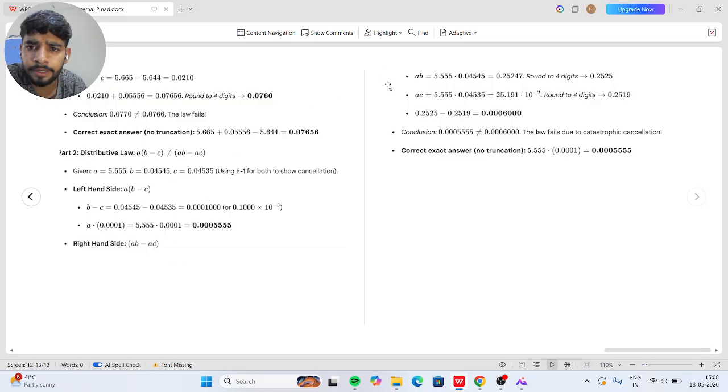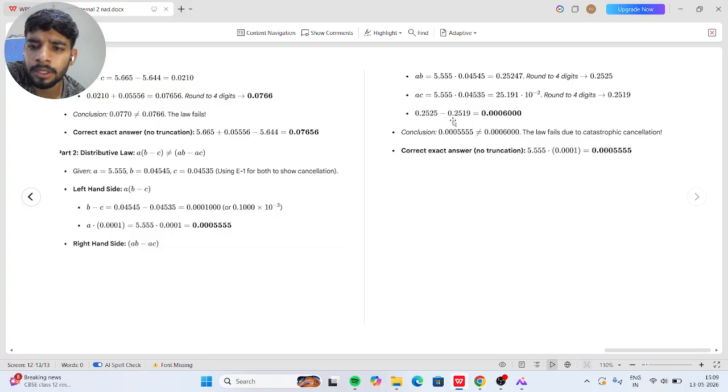Now we will do the right hand side, which says ab minus ac. We first multiply ab, which gives us 0.25247, and round it to 4 digits. Now ac, multiply a into c, which gives us 25.191 times 10 to the power minus 2. Then round it to 4 digits. It gives 0.2519.